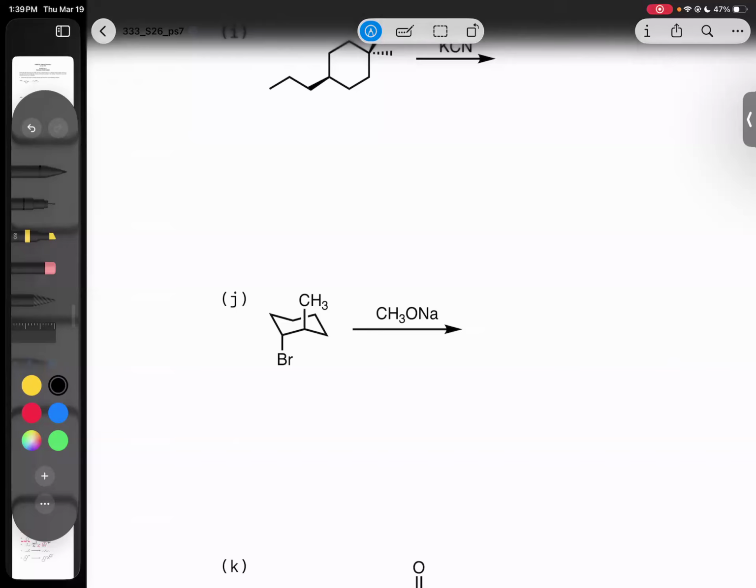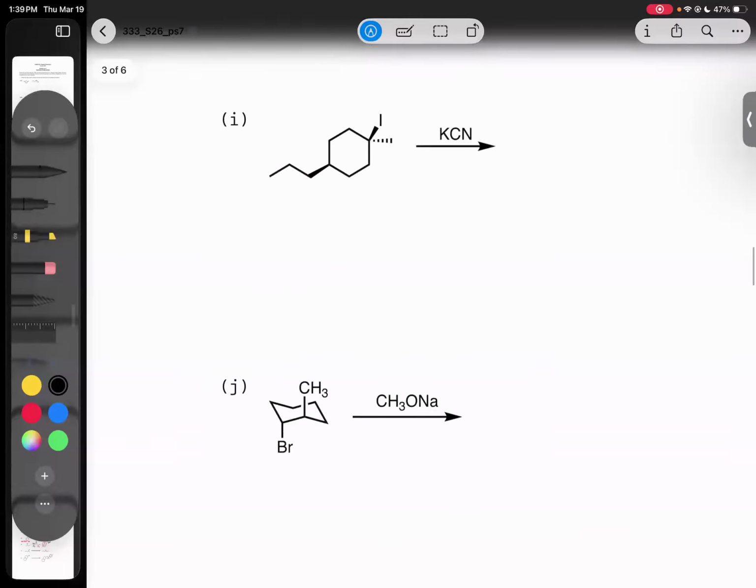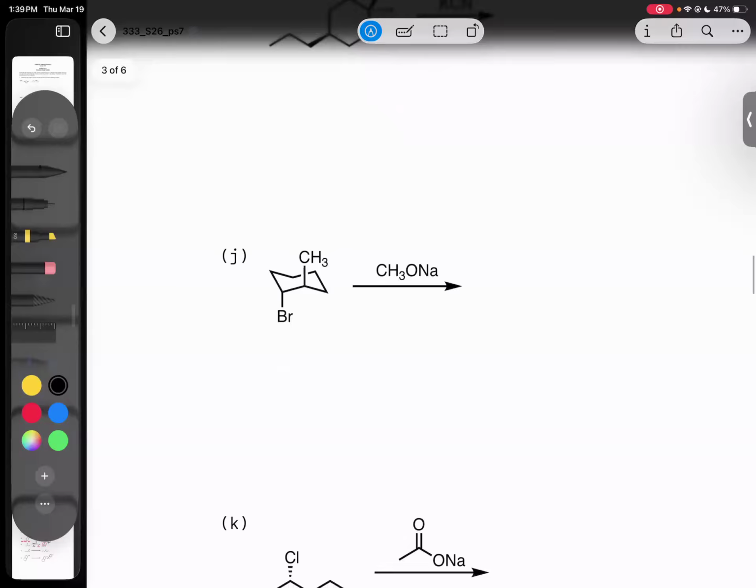We have CH3ONa. All right, so we can ignore the sodium and say this is just CH3O minus. And now we need to look on our chart to see what sort of reaction this is going to do.